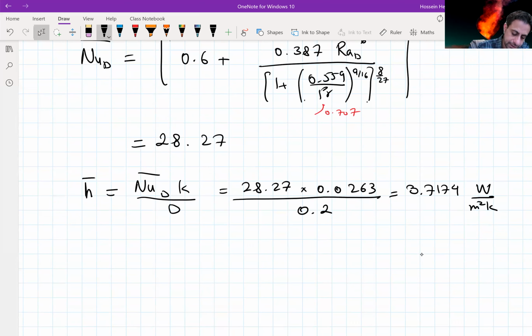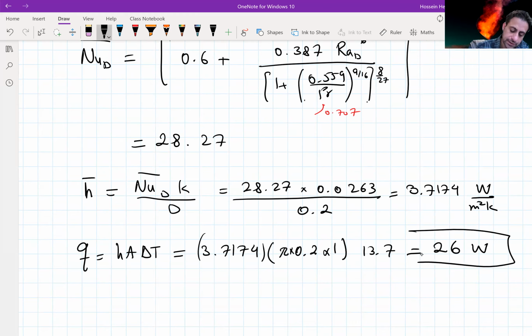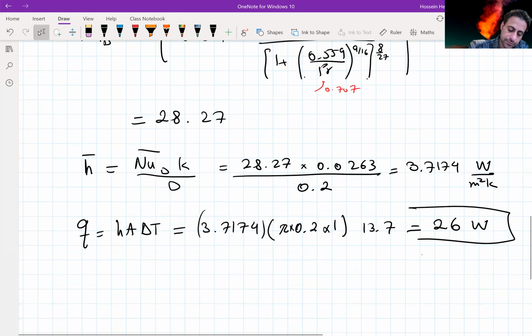So this is h, and Q is going to be h A delta T. So 3.7174, area is going to be pi times 0.2 times 1 meter, delta T is 13.7. So we're going to get 26 watts in terms of the rate of heat transfer from the pipe if it is placed horizontally.